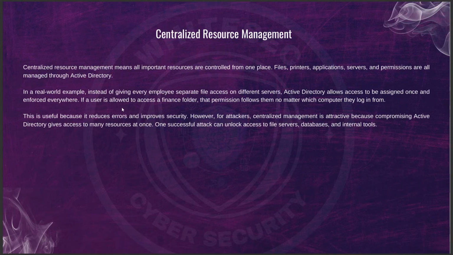If a user is allowed to access a finance folder, that permission follows them no matter which computer they log in from. This is useful because it reduces errors and improves security. However, for attackers, centralized management is attractive because compromising Active Directory gives access to many resources at once. One successful attack can unlock access to file servers, databases, and internal tools.